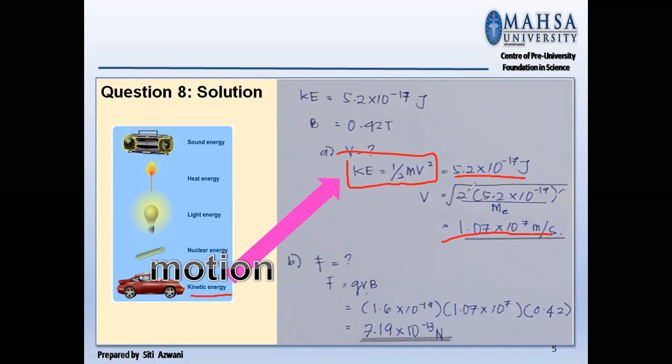You have the square root of 2 times the kinetic energy, divided by the mass of your electron, and then you get the value of the velocity of your charged particle. Then substitute into your next formula to calculate the force due to the magnetic field B, by using QVB. Is it okay? Is it clear?